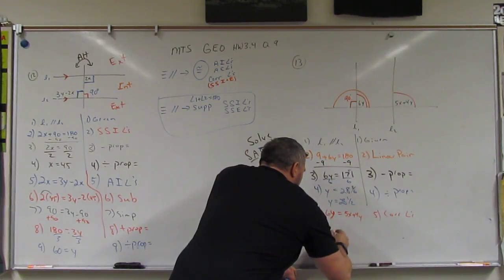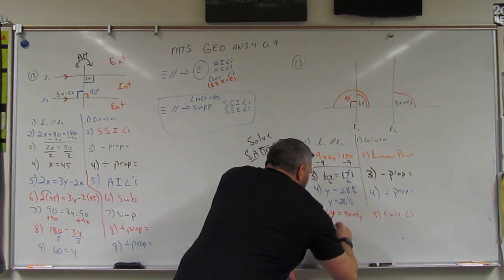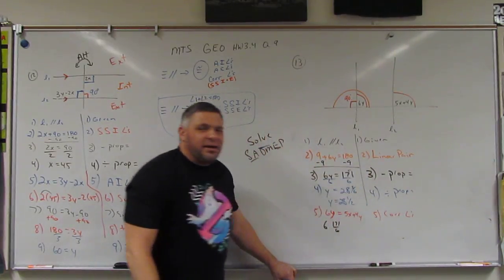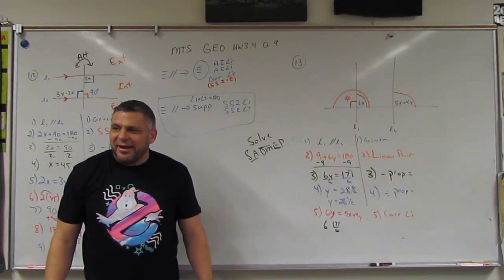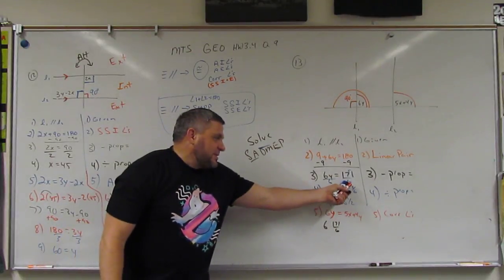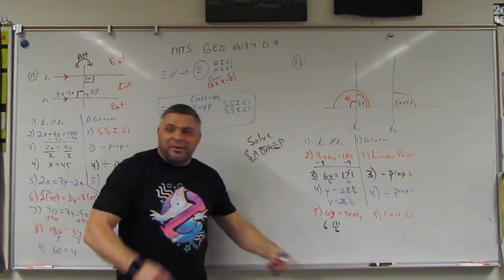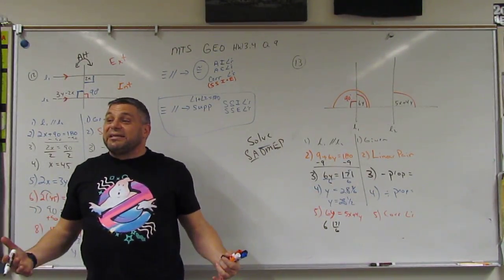Wow, 28, that's a lot. Let's go, watch this. 171 over 6. Why did I do that? Because that's what that is, right? And I'm going to multiply them, and the 6's will cancel, and it'll be easy.